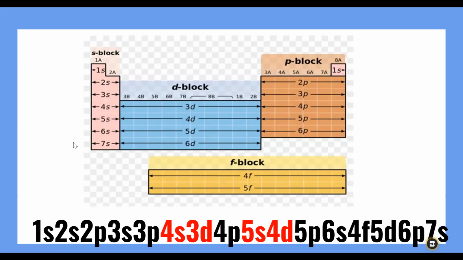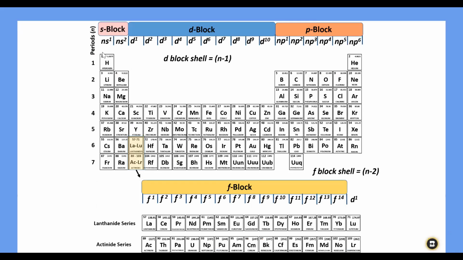You can take a picture of this too. Now, we've done hydrogen, we've done helium. Hydrogen is 1s1, so everything in this group ends with s1. Everything here ends with s2. So helium is 1s2.